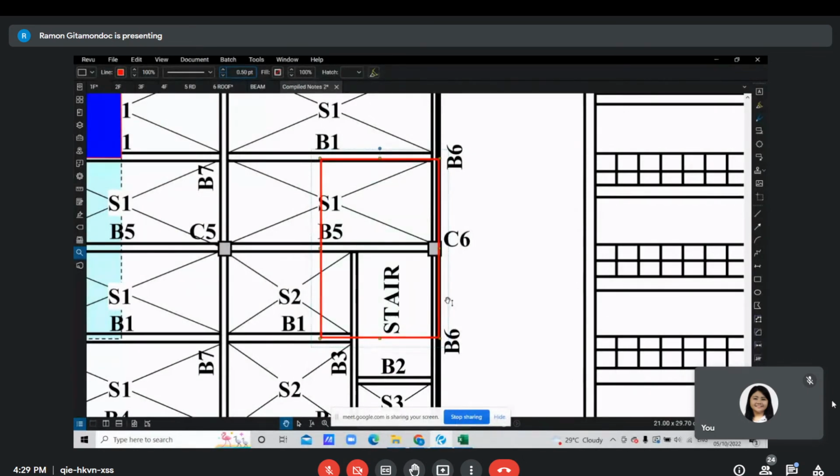Everything that will be included within the boundary of the tributary area, you have to compute the weight in that portion. For example, the stair: how much of the stair is included within this tributary area? It is not half, but this portion is outside and more of the stair is inside. Calculate only that portion which is inside. Okay.